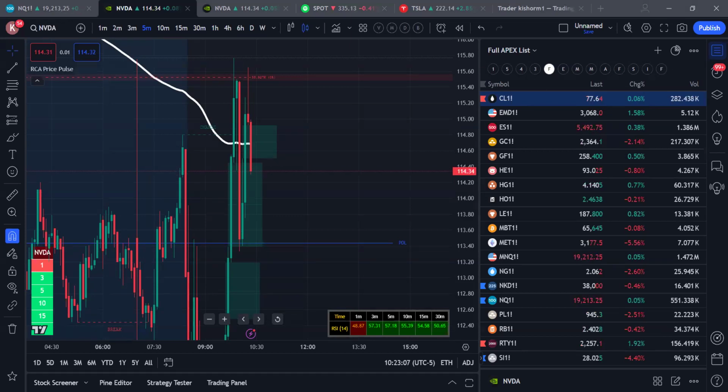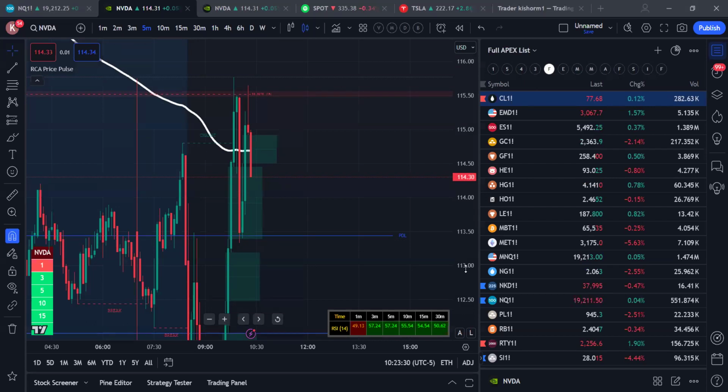So I'm taking trades along with you. Right, our scanner gave the indication. This one gave us an indication. So we got confidence.